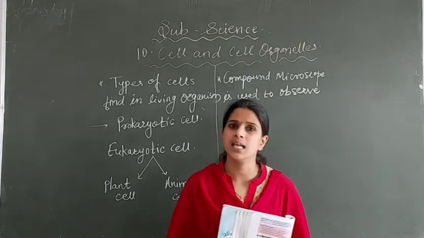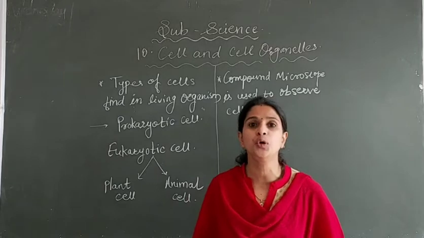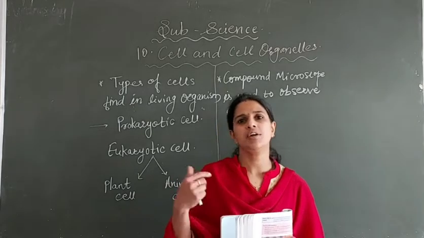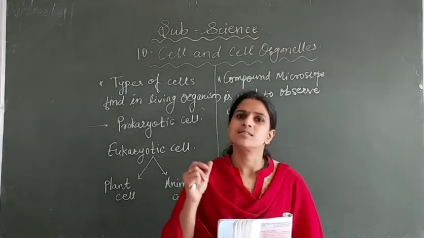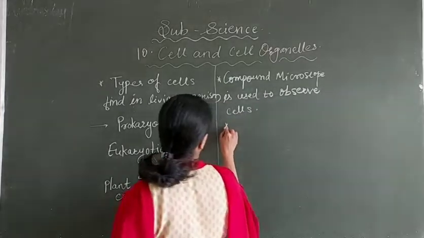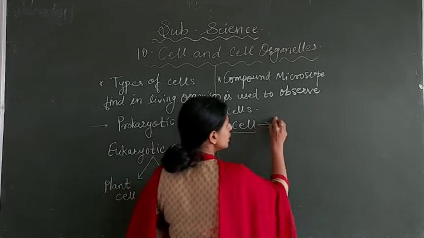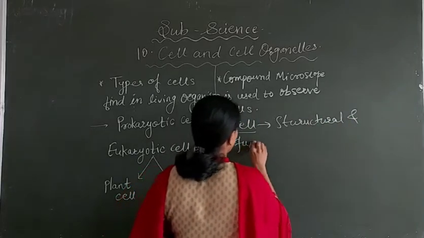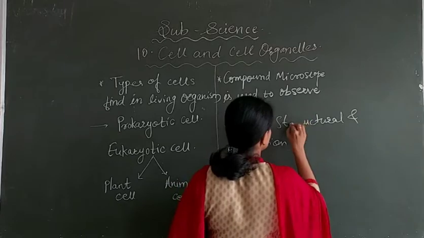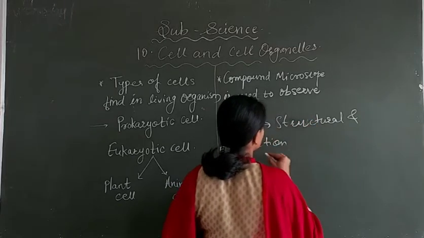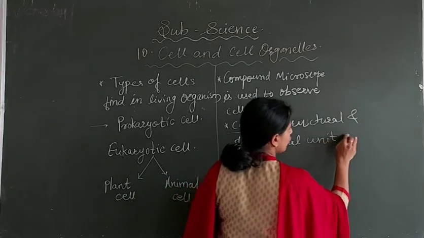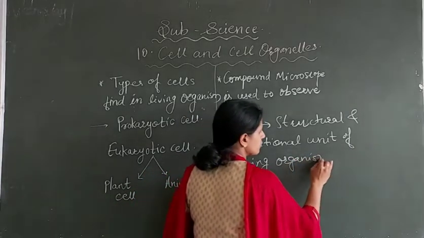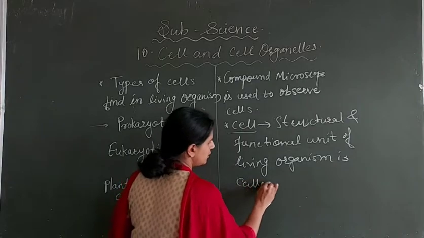What is a cell? The cell is the structural and functional unit of living organisms. Which is the structural and functional unit of a living organism? That is the cell. So you just write down the definition: the structural and functional unit of a living organism is called a cell.